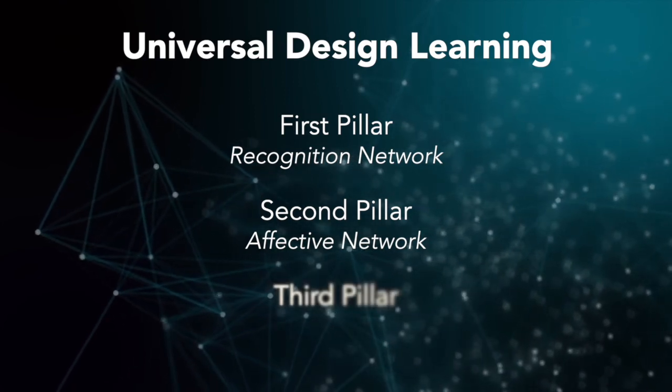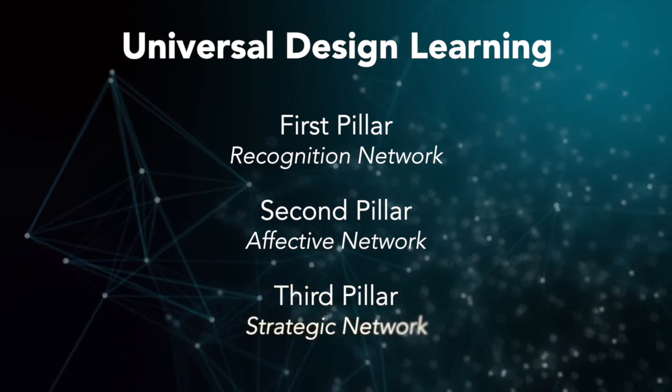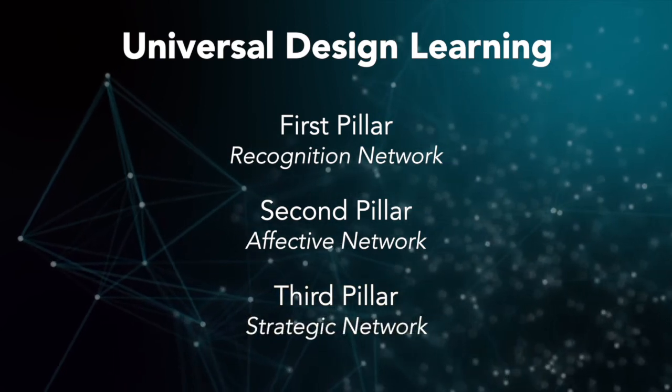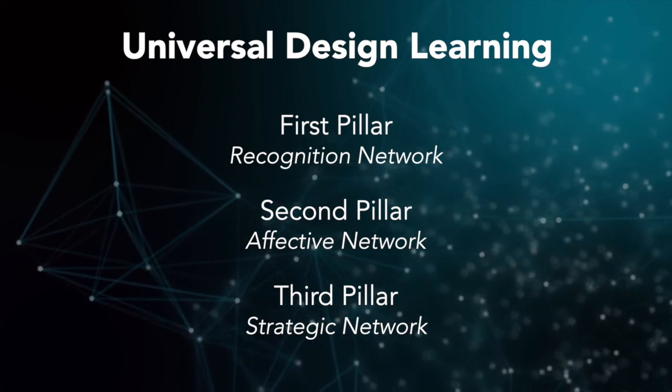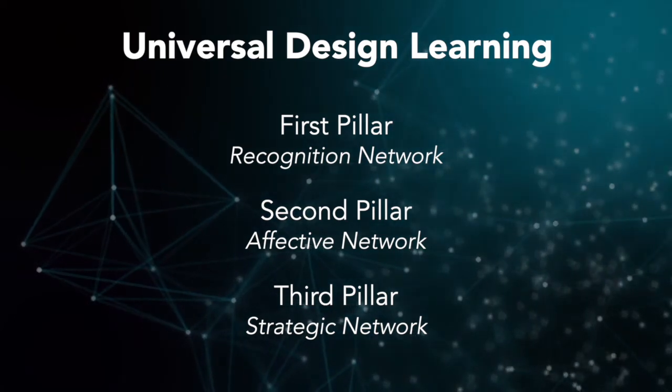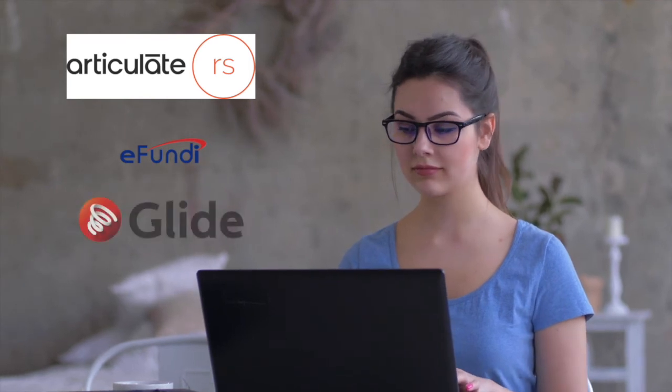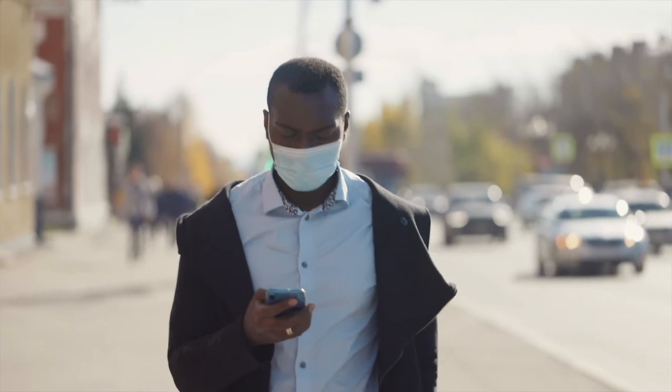The third pillar is a strategic network. It deals with the how and enables multiple means of expression to provide learners alternatives for demonstrating what they know. The online SLP in research design is available on 3 platforms, namely Rise Articulate, eFundi, and Glide, and can be accessed through a computer and mobile devices.